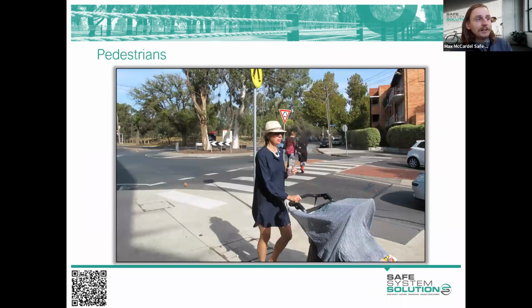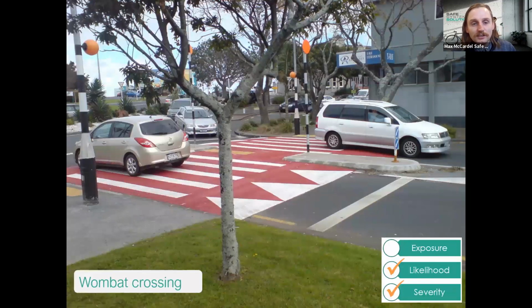Okay. Pedestrians, similarly, we take the threshold at 30 kilometers per hour. This is an example of a prioritized crossing. Just trying to work out if that's raised or not. I think it is raised, but this one is much clearer. This is a wombat crossing that's been raised, influencing our likelihood and severity, as we touched on before.